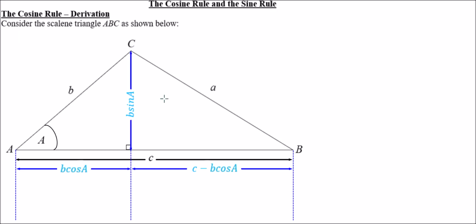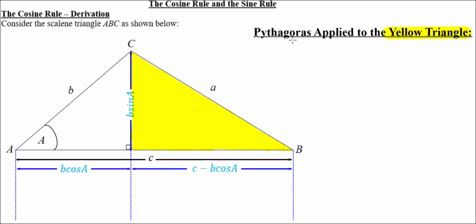But what we're going to focus on right now is the triangle on the right hand side. I'm going to colour code this in yellow, and we're going to apply Pythagoras to this triangle I've coloured in yellow.